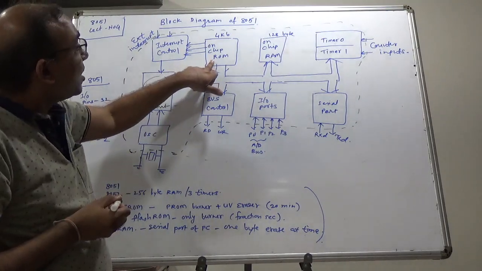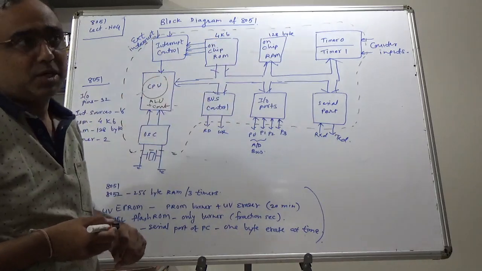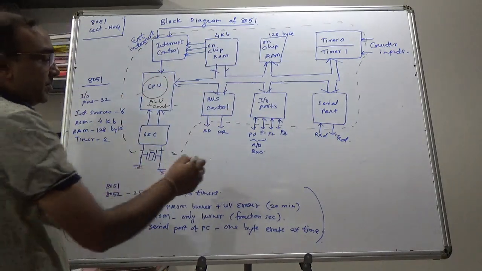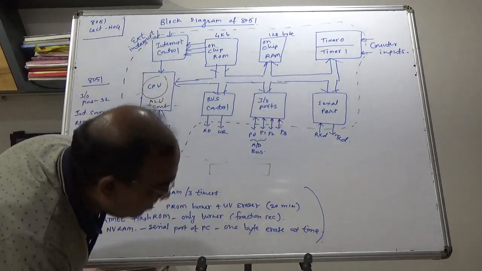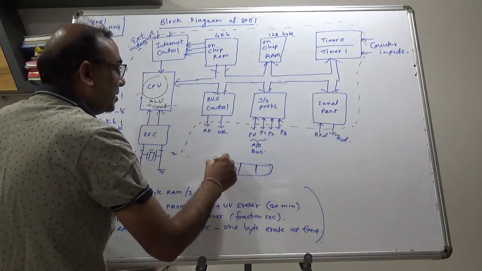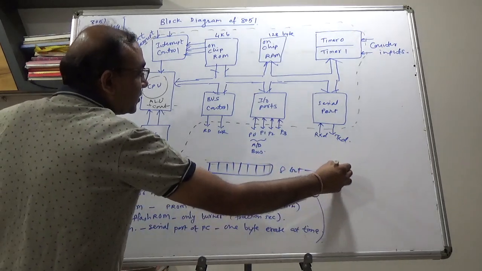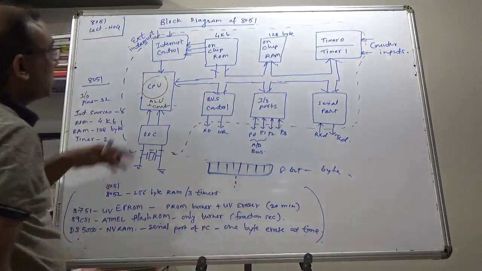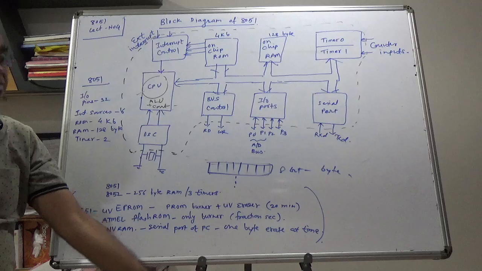Now how much will be the size of this memory? It is 4 kilobyte. Now what is a byte? See, each standard location of memory will be 8 bit. This is a standard location of memory, that will be 8 bit. So 8 bit is a byte. Now suppose there are approximately 4000 locations like this.